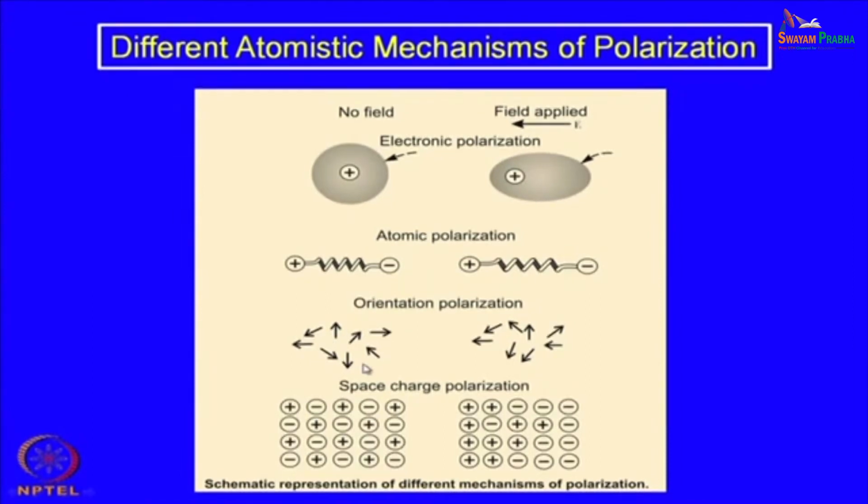Then there is a third kind of polarization, which we call orientation polarization. This is a very special case in some materials, not in all materials. In some of the materials there is already a dipole moment present.